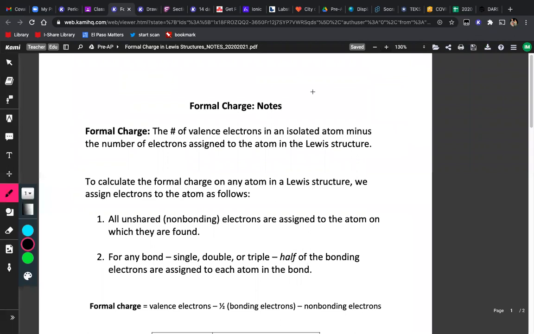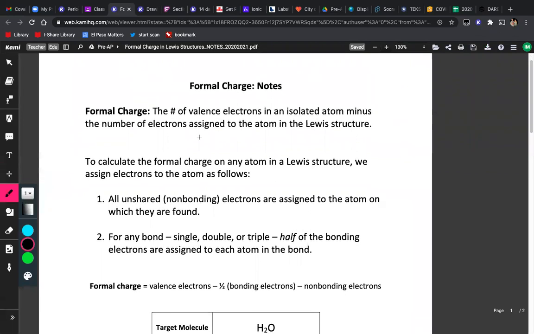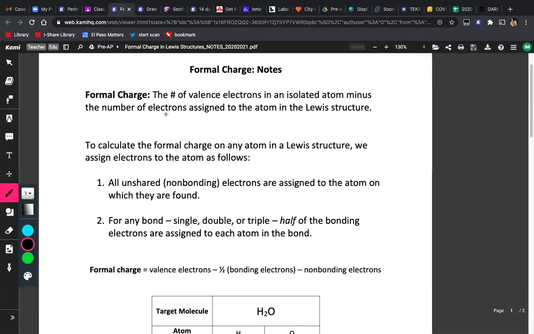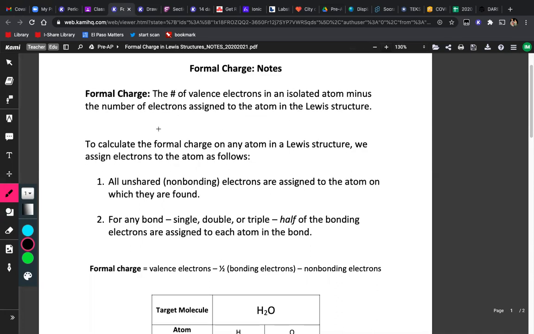What is formal charge? Formal charge is the number of valence electrons in an isolated atom minus the number of electrons assigned to the atom in the Lewis structure. What it means by isolated atom is that if you just take oxygen, you have 6 valence electrons.